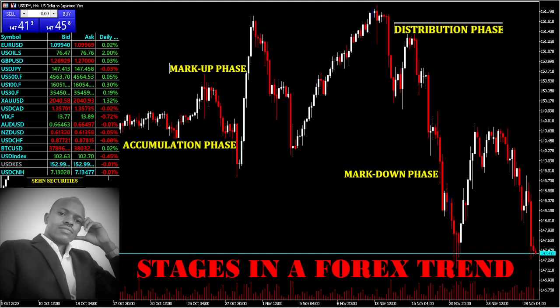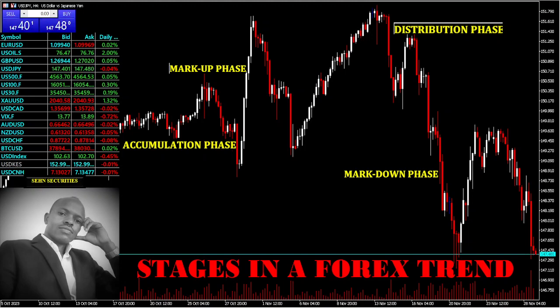So basically, the markdown phase usually begins at a time when the market has reached its peak. During this time, there are still numerous retail traders trying to take long positions, thinking that there might be another rally that will continue as the market trends in the direction that it was trending.